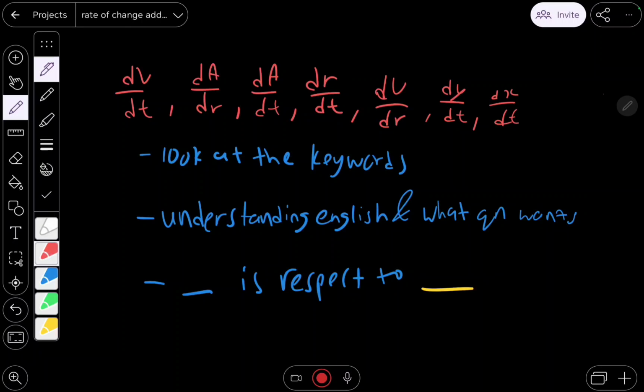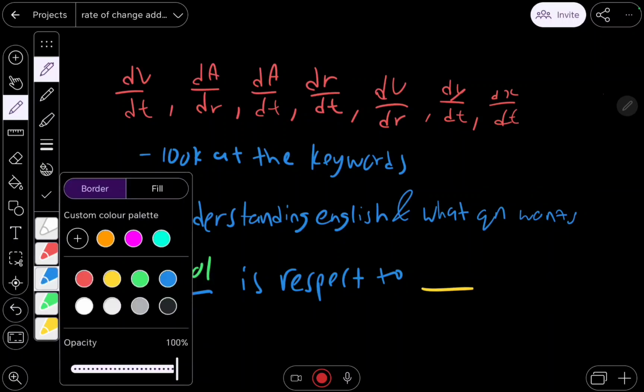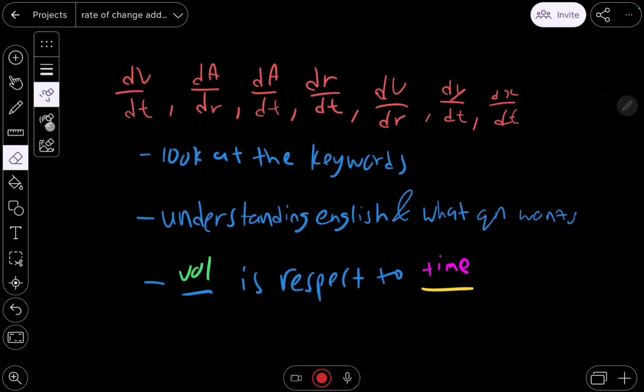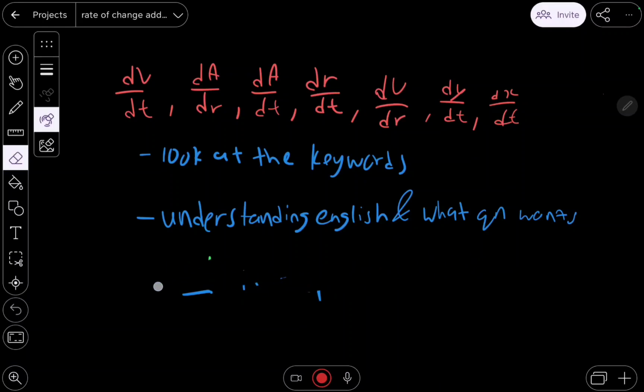So let's say maybe volume is, I used another color, sorry about that. Let's just say volume is with respect to, let's say, time. Alright, so this is just an example. So in long story short, I'm just going to put it into very simple terms. You must know what terms to use.